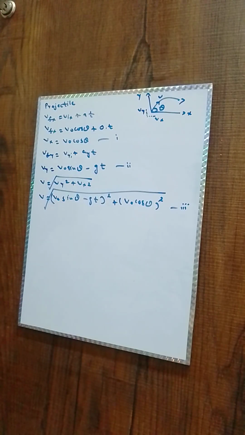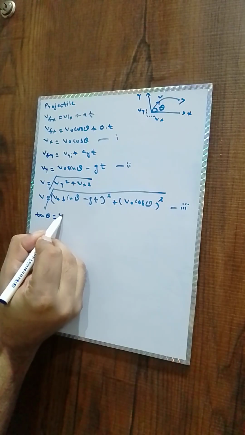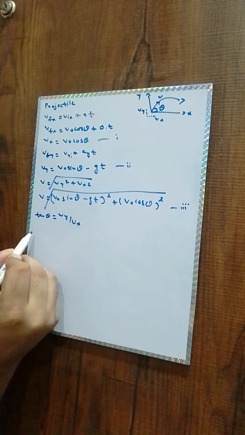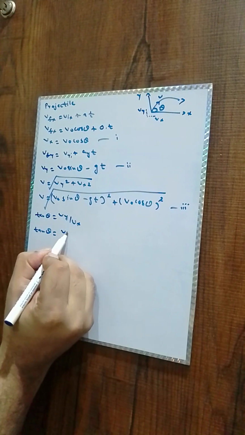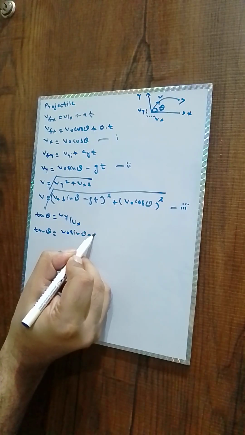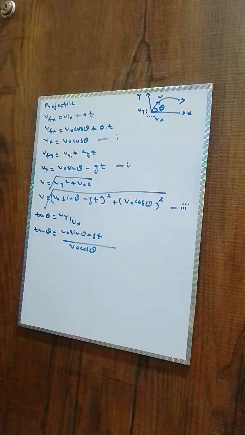Now we look into the angle, which says that tangent of theta is equal to Vy by Vx, which means tangent of theta is V naught sine theta minus gt by V naught cos theta.